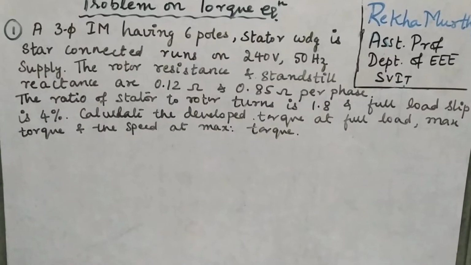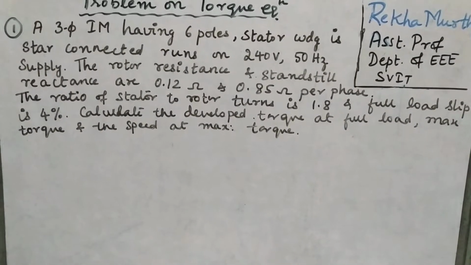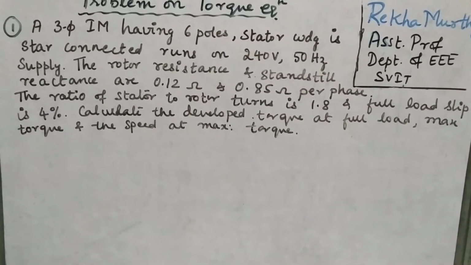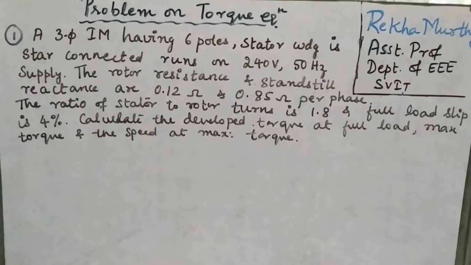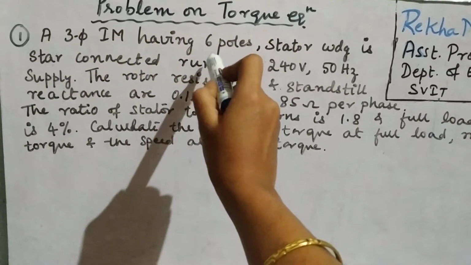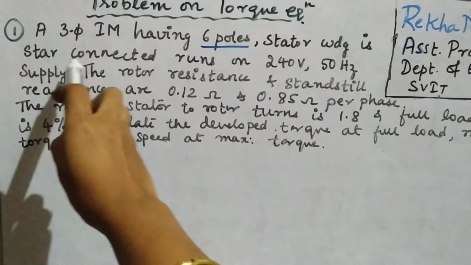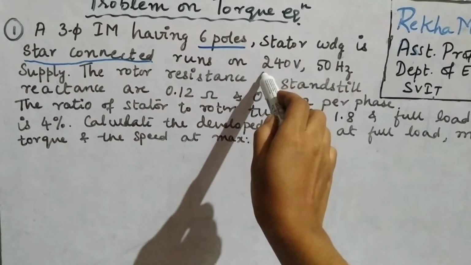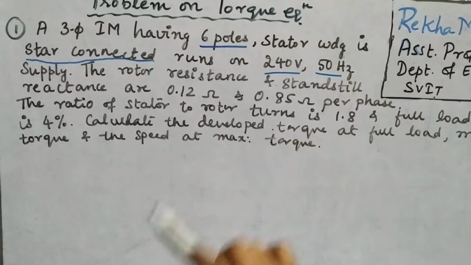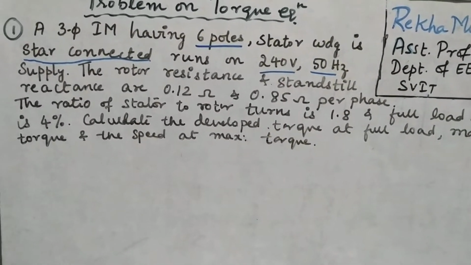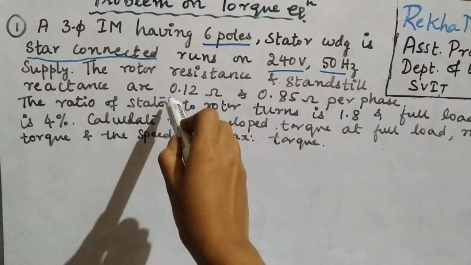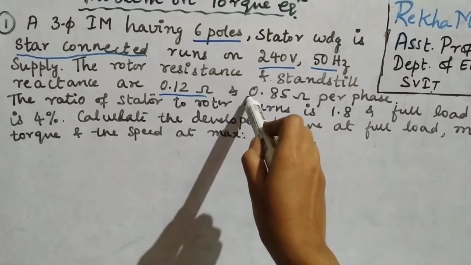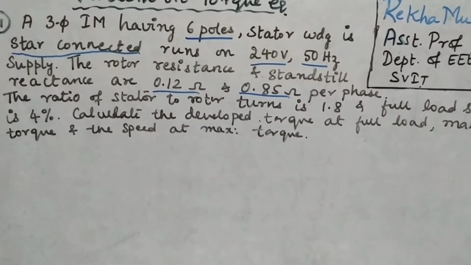Here the problem is a three-phase induction motor having a 6 pole stator winding, star connected. You can just underline the given values. It runs at 240 volt, 50 hertz supply, and the rotor resistance and standstill reactance are 0.12 ohm and 0.85 ohm per phase.